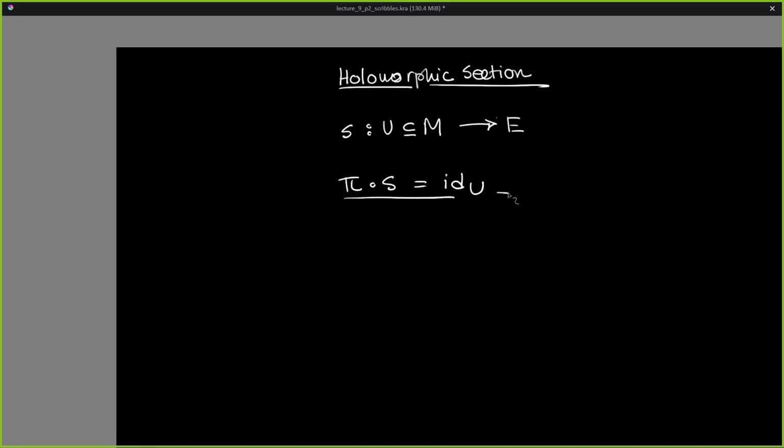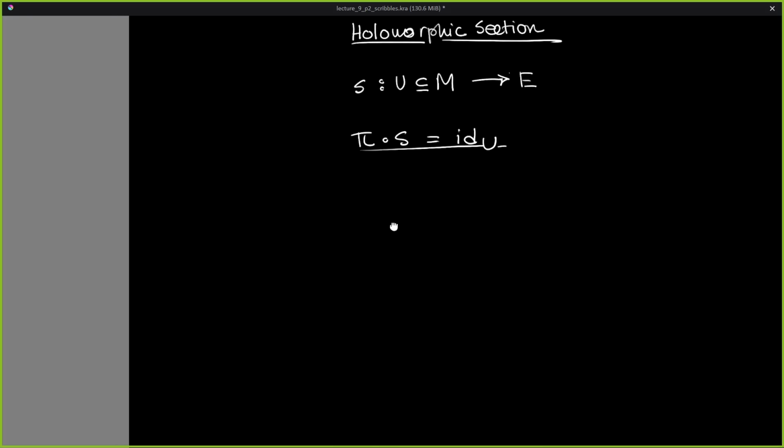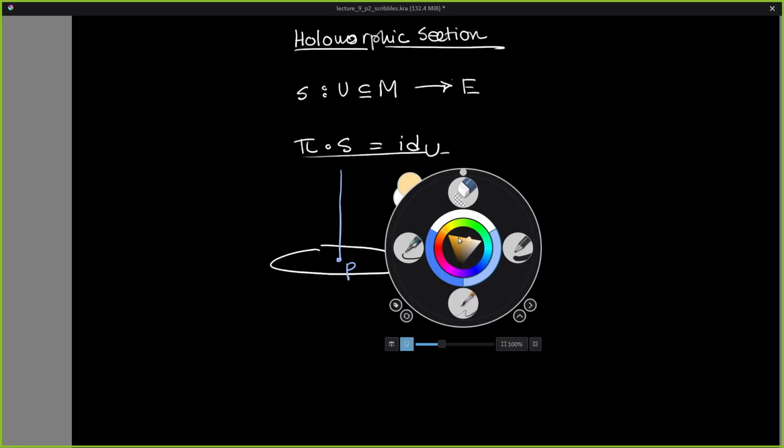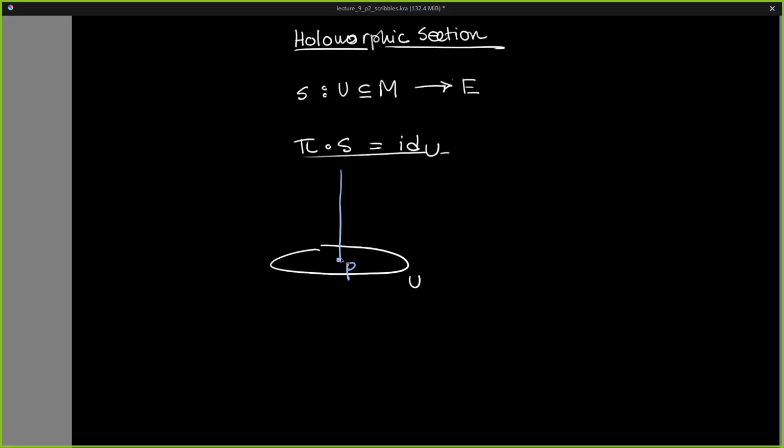This condition will restrict us in what we can assign. If we have this being U, and we have a point on it, P, then this will mean that we can only assign to P a vector from the vector space that is attached to P, or the fiber that is attached to P. So I have to assign to P, using S, something on its own fiber.